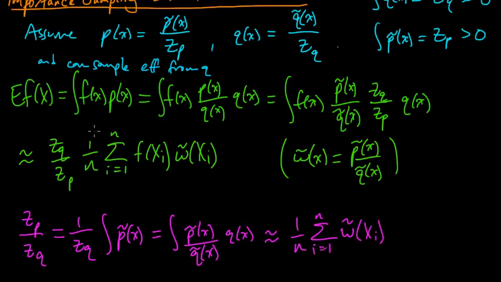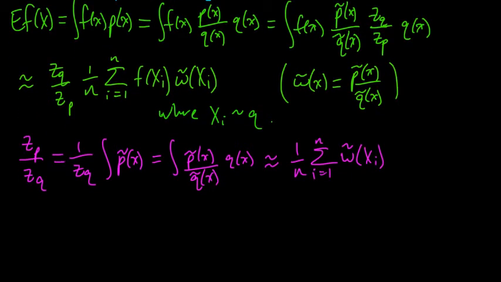So we can use the exact same xi, where x1 through xn are distributed according to q, and we can use the same xi's here.